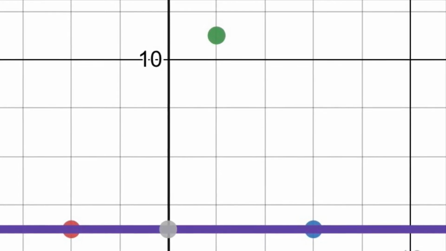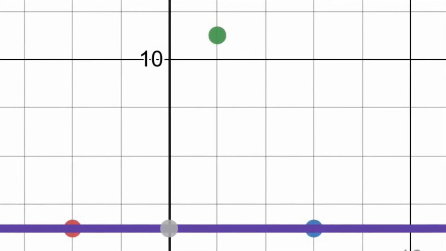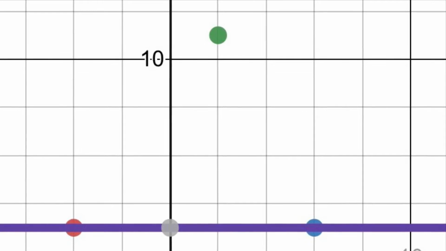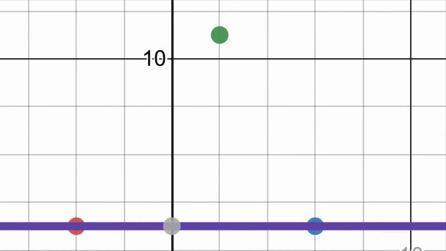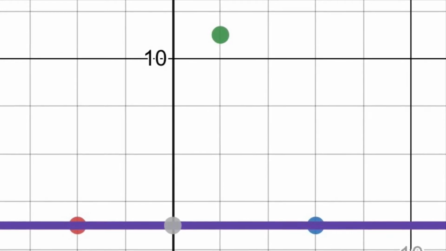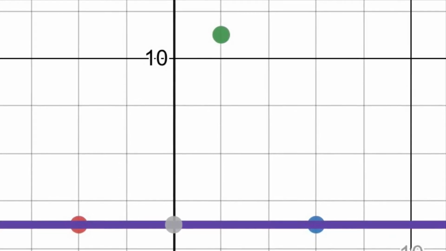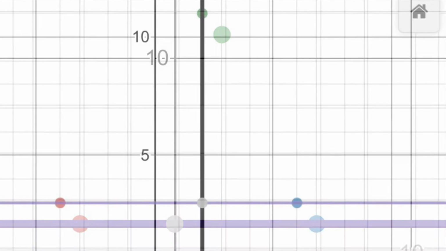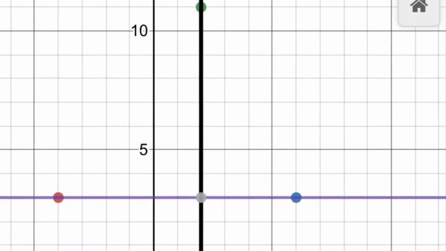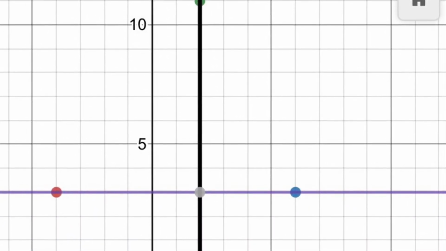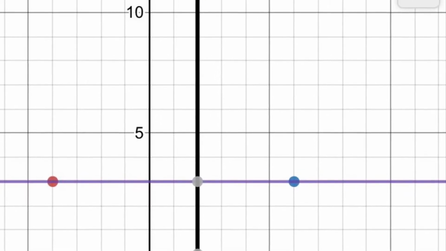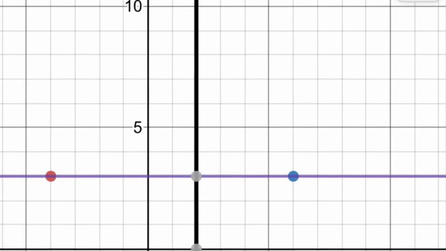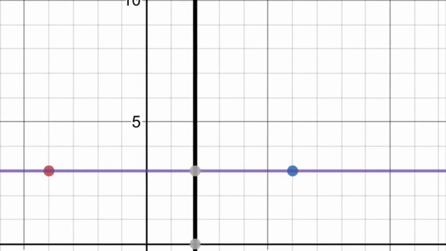It's perfectly horizontal. So the altitude has to be the opposite direction of y equals 3, and instead of being perfectly horizontal, it's going to be perfectly vertical. So it's going to be this line that's perfectly vertical going through x equals 2. So the equation for the altitude of this triangle is x equals 2.